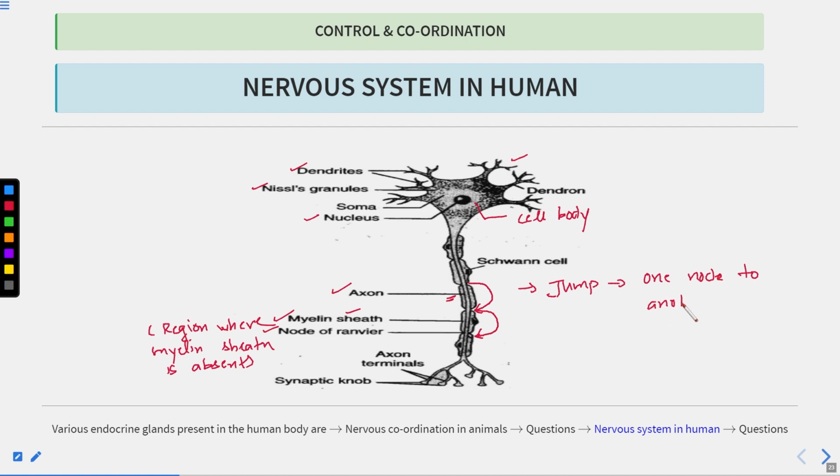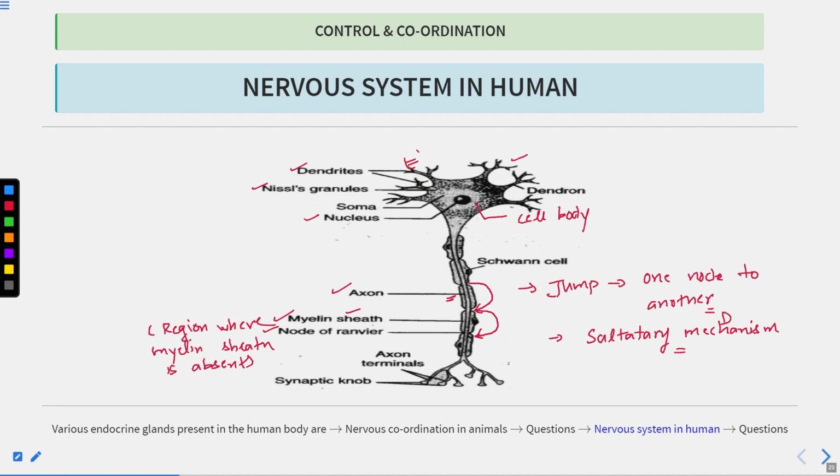Because of this jumping, from one node to another node, the conduction of the nerve impulse is very fast, and this is known as the saltatory mechanism. Alright, this is clear. So this is the structure of the neuron.